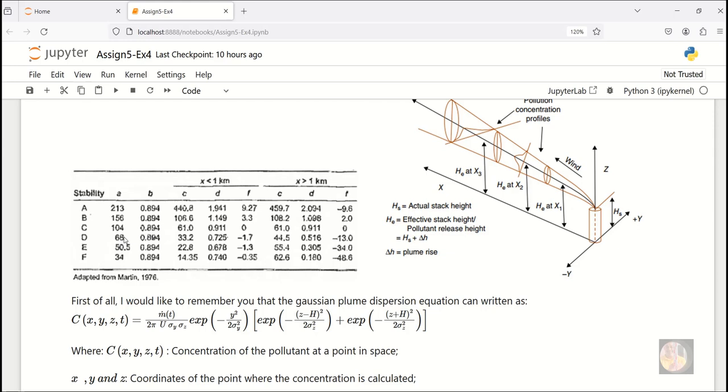The coefficients A and B are constant, A is equal to 68, and B is equal to 0.894. But if you look at sigma z, it depends on x. So when you program this, you should do an if.